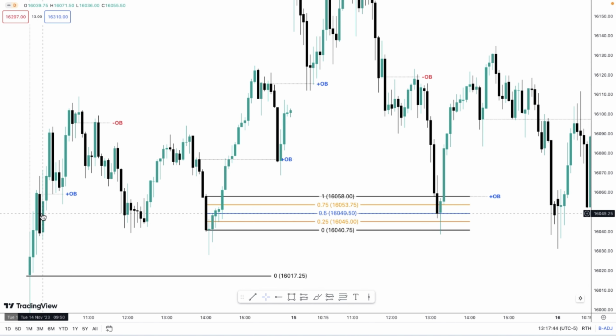Yes, the midpoint, called the mean threshold, is sensitive, but even when I'm catering for order blocks, I would put my order block line at the opening price. So the opening price of an order block is the order block, for your notes, right?